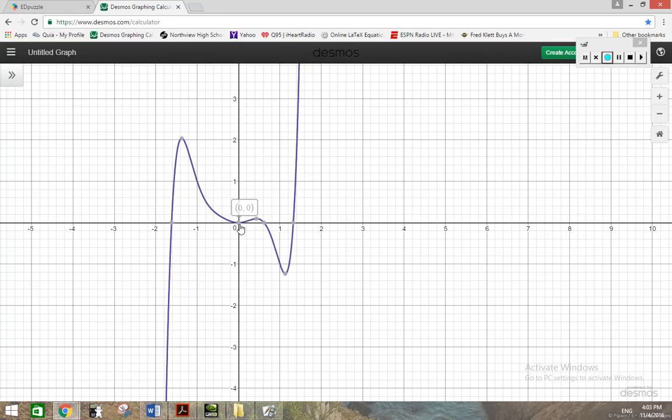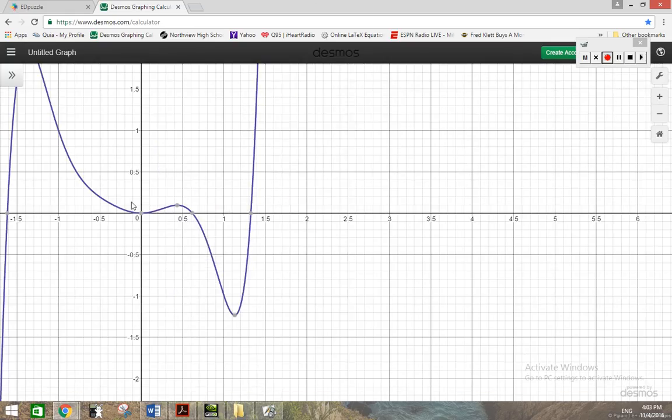So we were correct in saying that x equals 0 is an x-intercept. We were correct in our table with a multiplicity of 2 saying it does a touch and turn. Maybe you have to zoom in a little bit better to see that, yeah, see how it's coming down, touching and turning. Now, this intercept right here, this 0.618, I believe that's an irrational number.